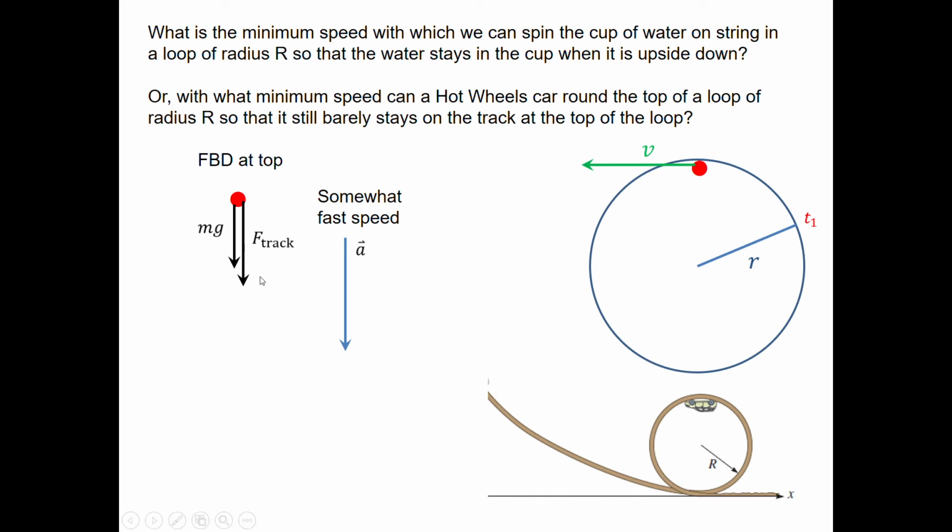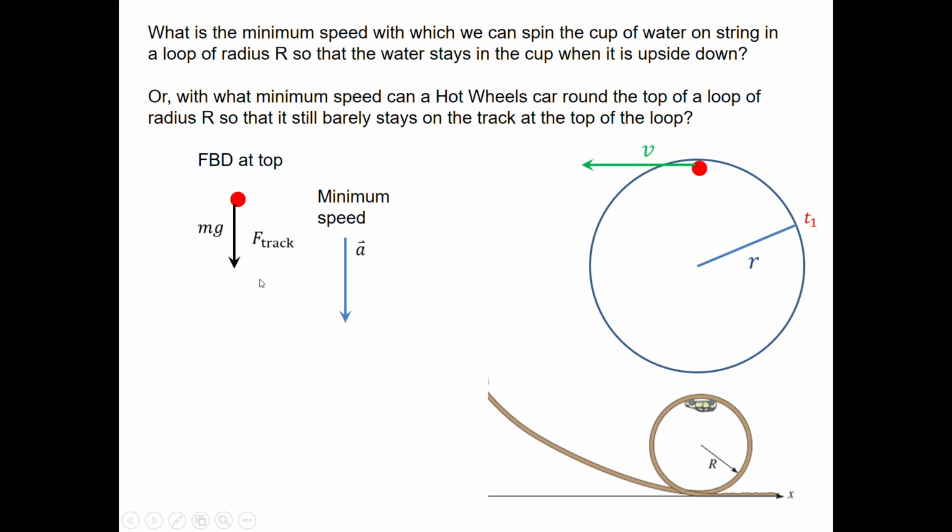The track isn't pushing downward on the car as much. As we go still slower, the track pushes down less. And at some speed, the necessary net force that would cause the acceleration, which is given by v squared over r at that particular speed, would be exactly what is given by just mg with no force from the track at all.